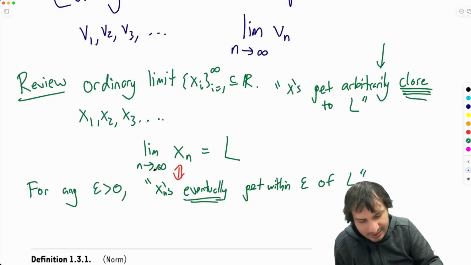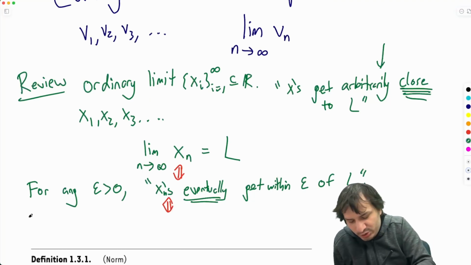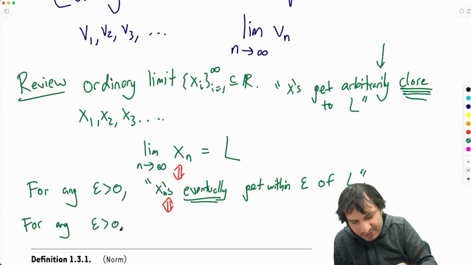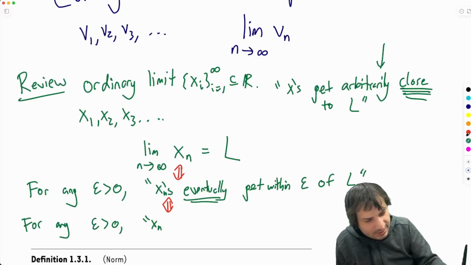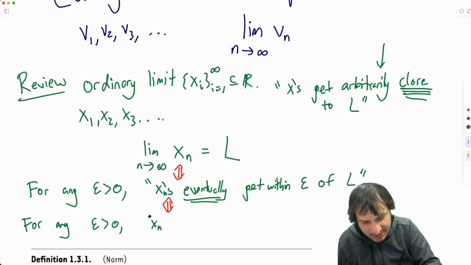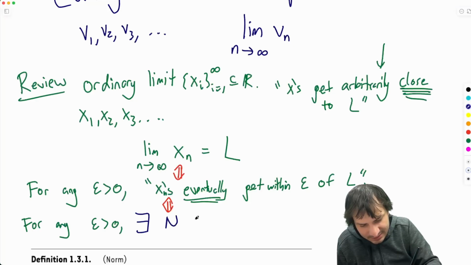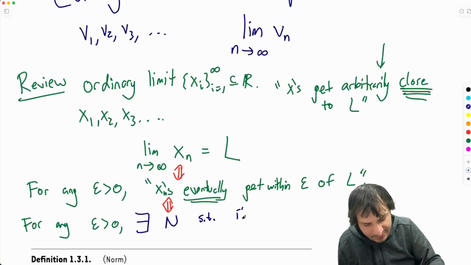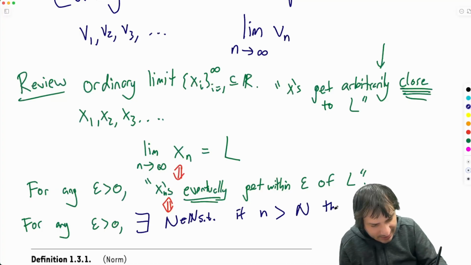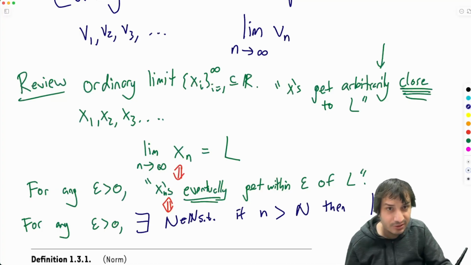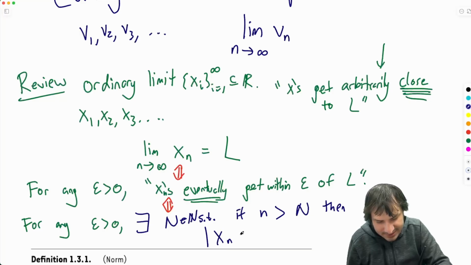What does that actually mean? The true formal definition is: for any epsilon greater than 0, there exists some capital N, some natural number, some index, such that if n is greater than N, then the absolute value of xn minus L is less than epsilon.